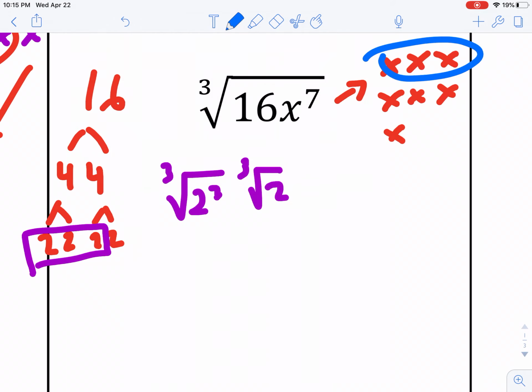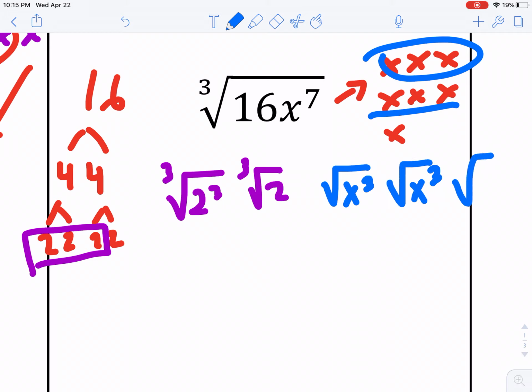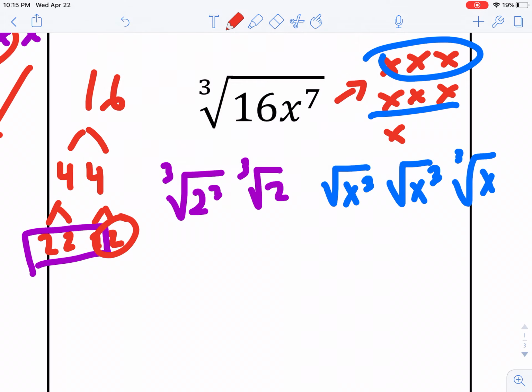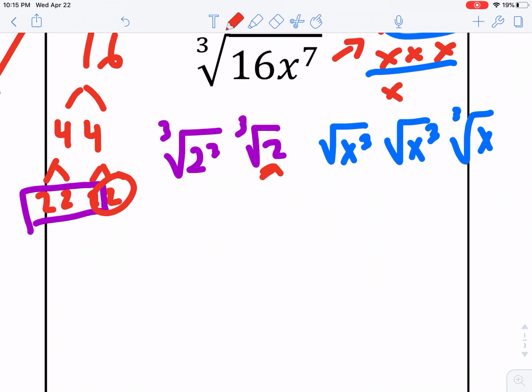I have one group of x to the third, or one group of 3 x's. So I'm going to write x to the third power. I have another group there, x to the third power. And then the last one, there is no group, so it stays by itself. Same thing with this extra 2. That's this 2. So cancel.